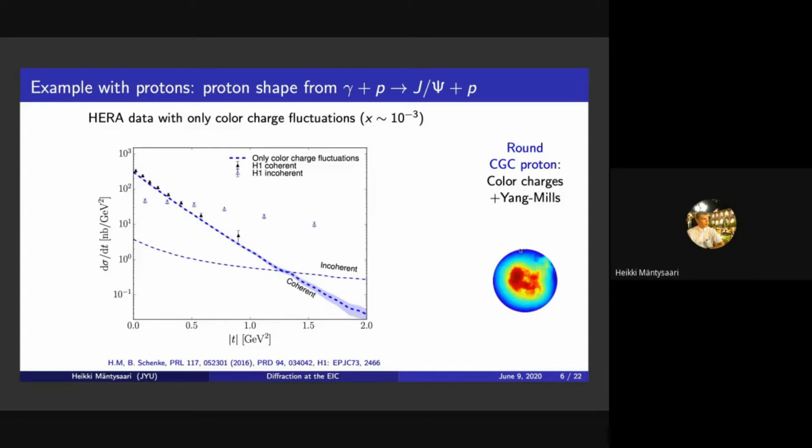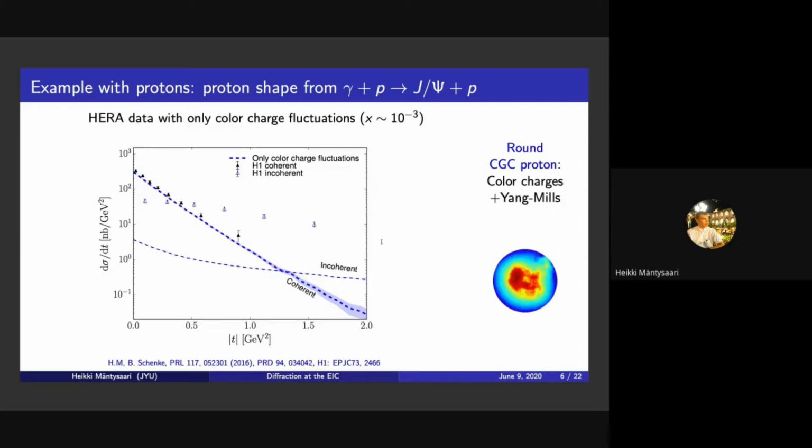Of course, this is just one example, but if I sample this kind of round or spherical protons, they look almost the same. But then the measured incoherent cross-section is shown by the open symbols here. And if I take these protons that look like that, and calculate the incoherent cross-section, we get a way too small result compared to the HERA data.